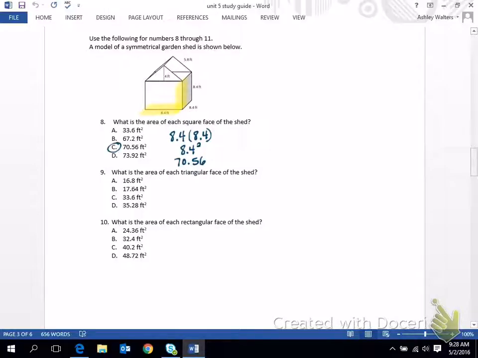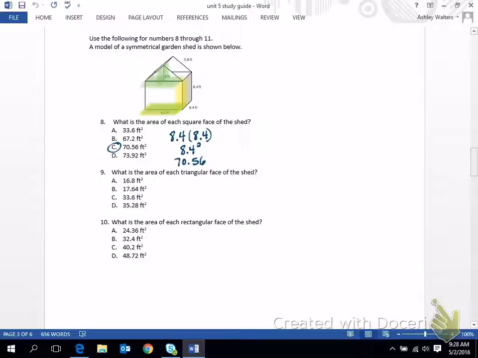And number 9, we're asked what is the area of each triangular face of the shed. And the triangular face makes up the roof, which this base measure is going to correspond with the bottom here of 8.4, and the height is 4.